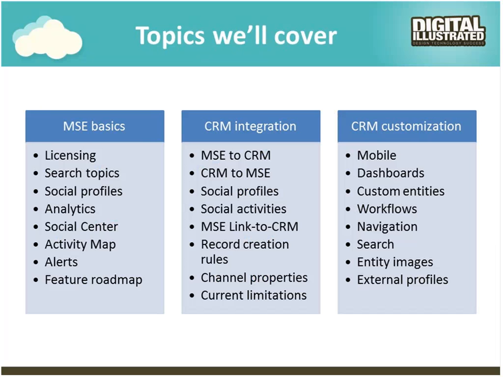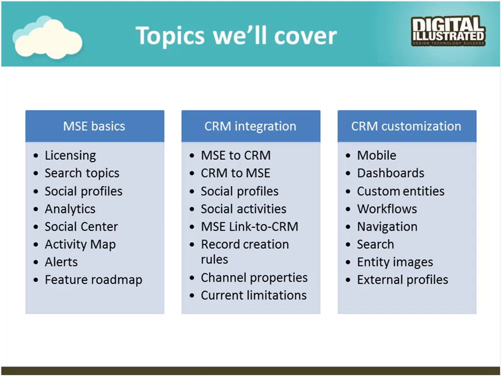About the topics in detail, this session is broken down into 3 areas. I'm not going to do a very detailed intro of social engagement, but I will go through all the basic areas first. First of all, how you get the product, the licensing aspects, then what kind of search topics you can configure for your social data, how to share your social profiles with the tool, what type of analytics you can get from the MSE tool directly, and what kind of social center it provides for viewing content.